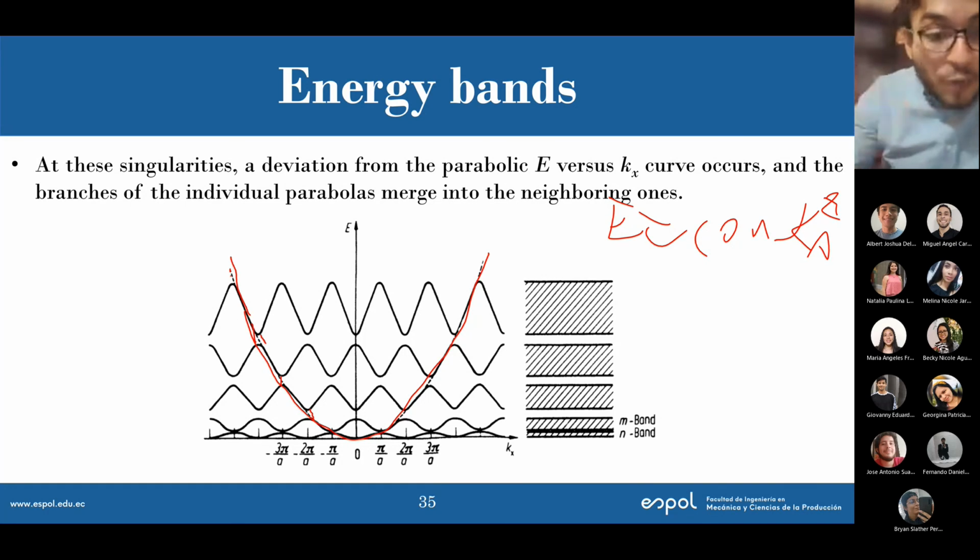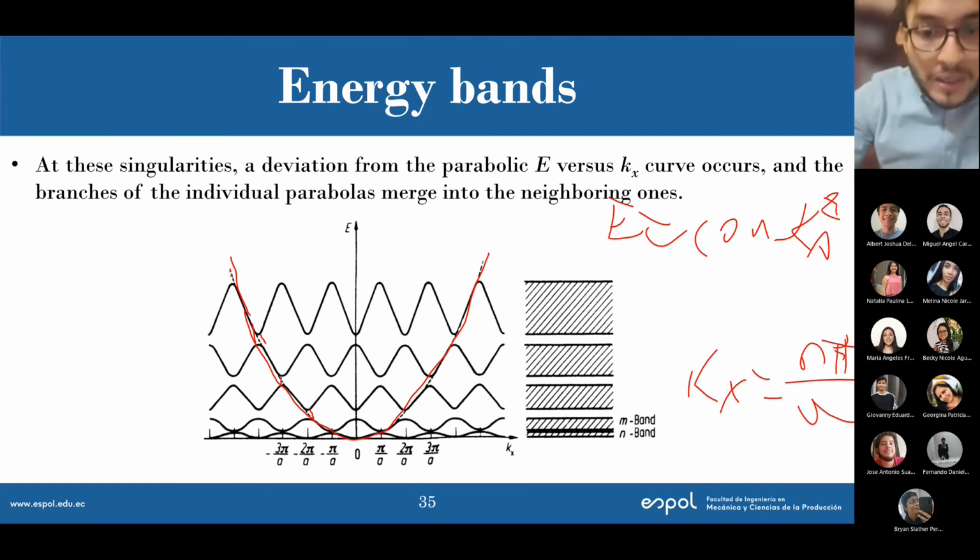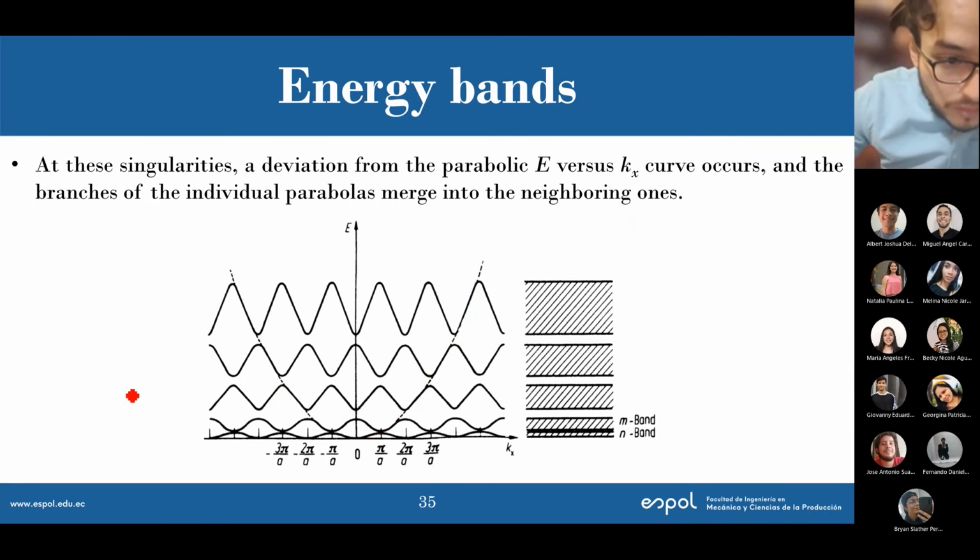And this is what I was saying. When kx is away from the n pi over a value, remember, when this approaches that value, let's use another color. Let's just focus on this part.